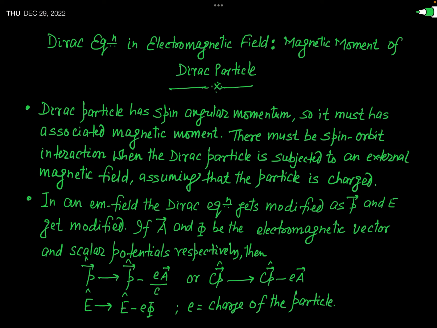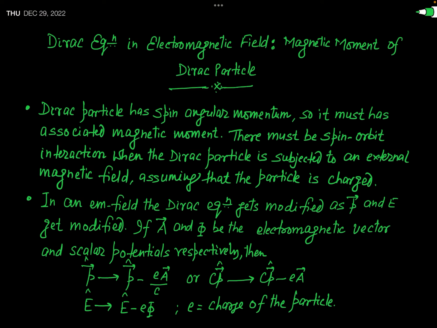And as the Dirac particle will have a magnetic moment associated with its spin angular momentum, a Dirac particle just behaves as a tiny magnetic dipole.